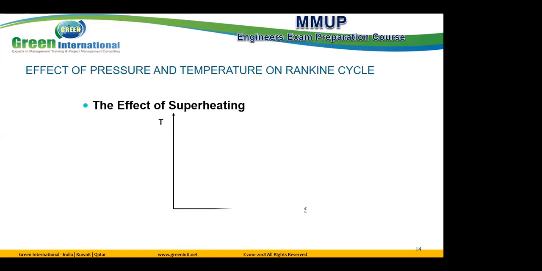Last one, the effect of superheating. What's the meaning of the effect of superheating? It means we go more into the superheating area. We need to add more energy to obtain a higher degree at the output of the boiler, so it is more superheated. In this case, Q added increases. We add energy, heat.